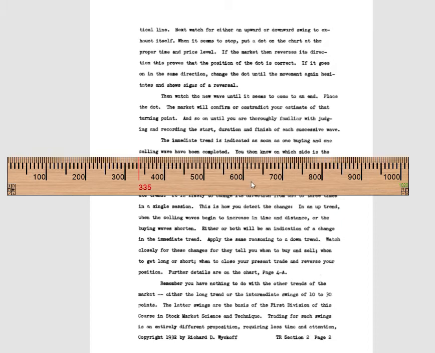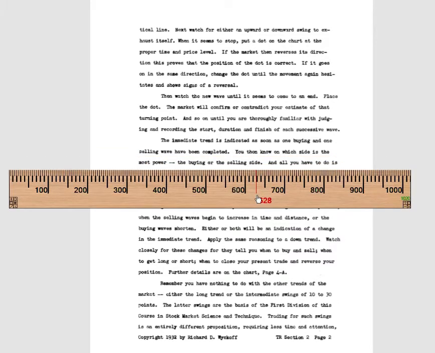So when the day starts and you have one up wave and one down wave, and the up wave is greater than the down wave significantly, not just a little bit, because a little bit is not really that good. But when you have one up wave and one down wave at the open, you'll see that trend is up.